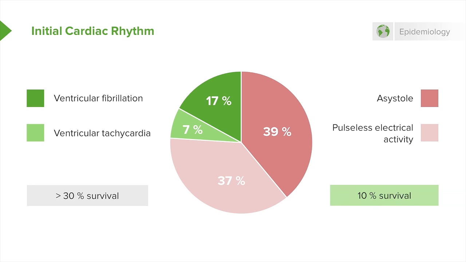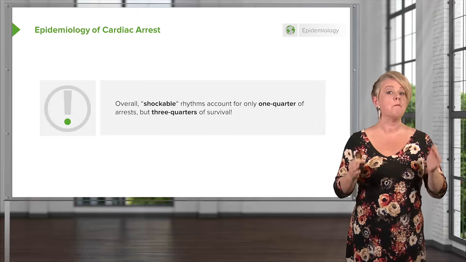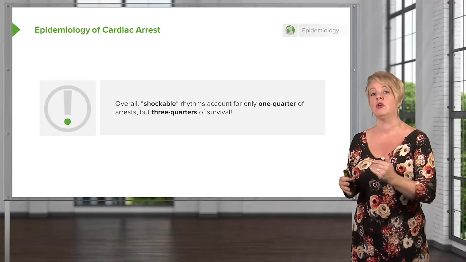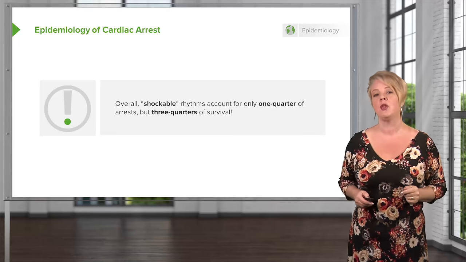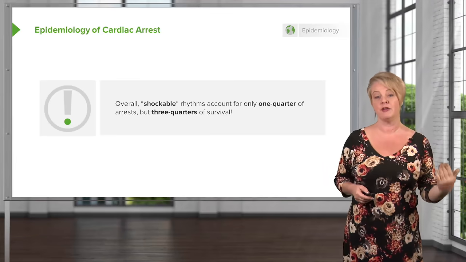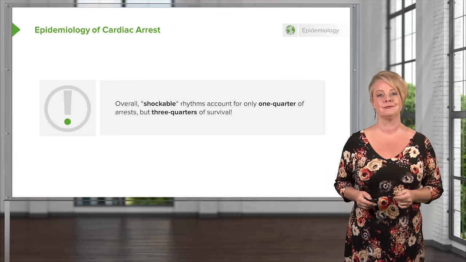So there's a big difference in how likely you are to survive based on what type of rhythm your heart goes into at the time of arrest. Overall, shockable rhythms represent a minority of arrests, only about 25%, but 3/4 of patients who survive have shockable rhythms. So you are much, much more likely to survive a cardiac arrest if you have ventricular fibrillation or ventricular tachycardia rather than one of the other two arrest rhythms.